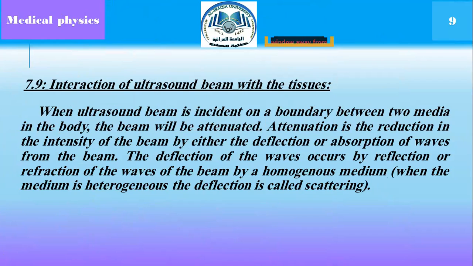The deflection of the wave occurs by reflection or refraction of the wave of the beam by a homogeneous medium. When the medium is heterogeneous, the deflection is called scattering.